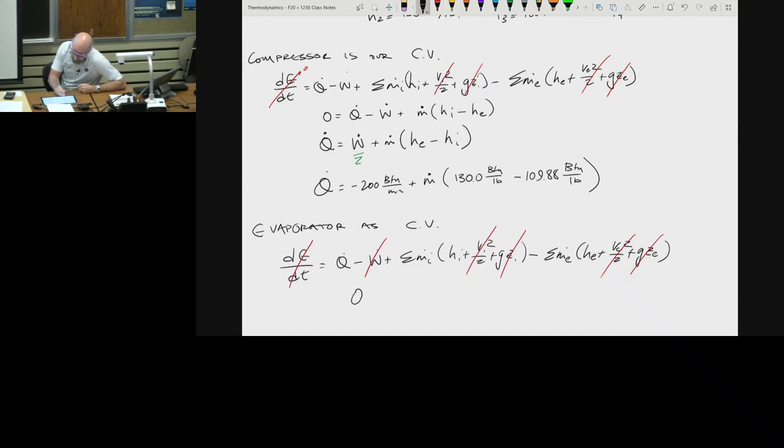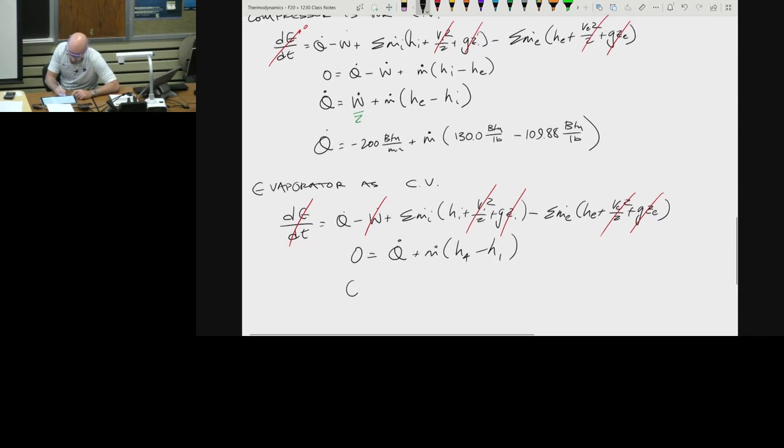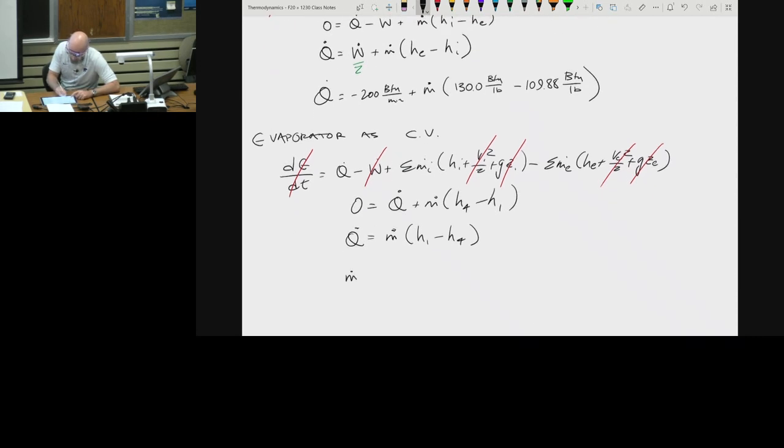And we're going to be left with 0 is equal to Q dot plus mass flow rate times (H4 minus H1). Or, Q dot would equal mass flow rate times (H1 minus H4), and my mass flow rate is going to be equal to Q dot all over (H1 minus H4).